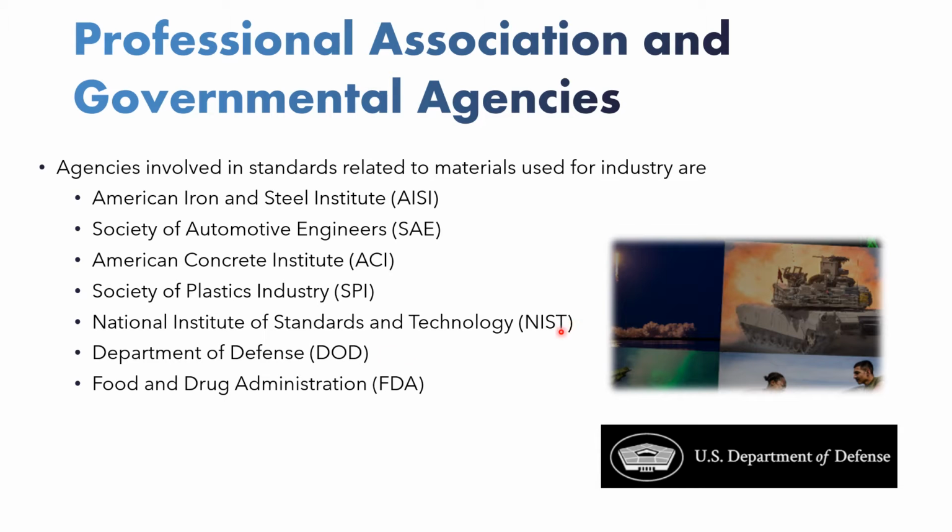This one is also pretty big. Department of Defense, DoD, Food and Drug Administration, FDA. Both of them are very big as well. These agencies make standards related to materials for the industry.